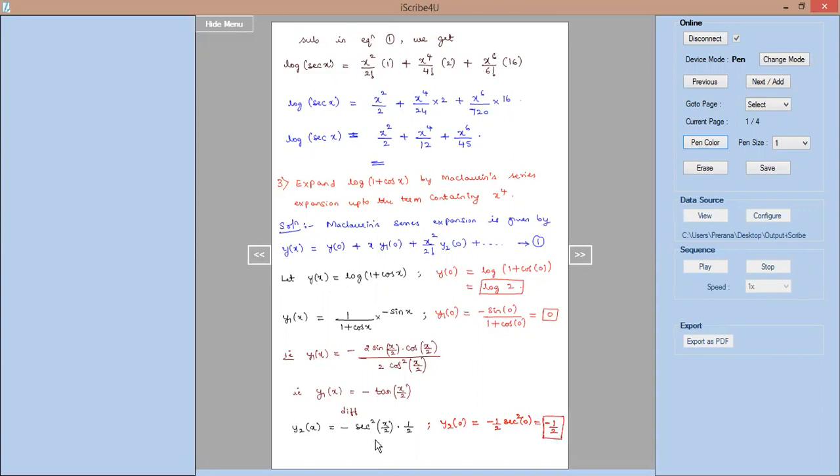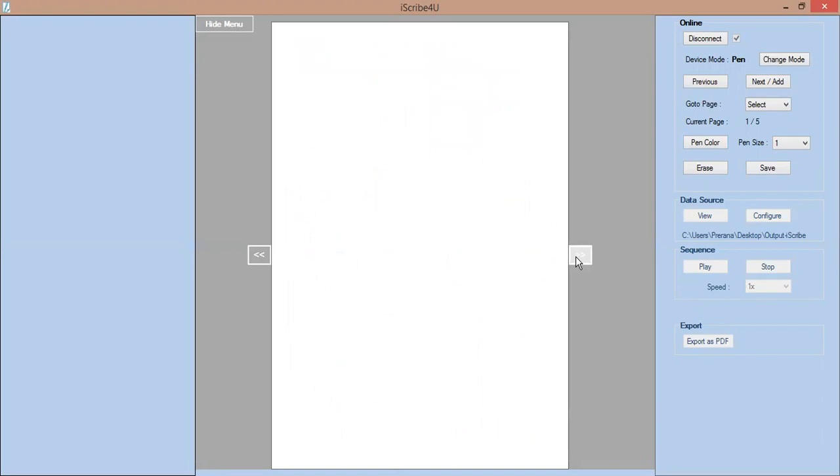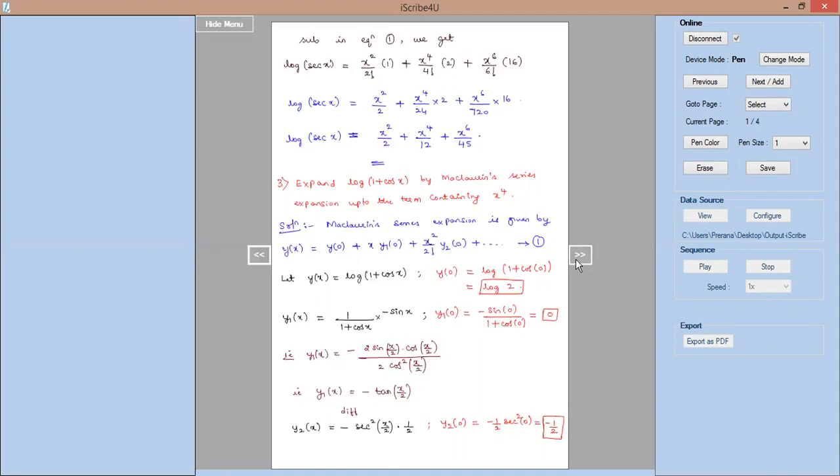Now before I move ahead to the next differentiation, as I mentioned, I will rewrite secant square x by 2 in terms of 1 plus tan square, and substitute for tan square as y1 square. I'll just show that to you. I'm rewriting y2 of x.